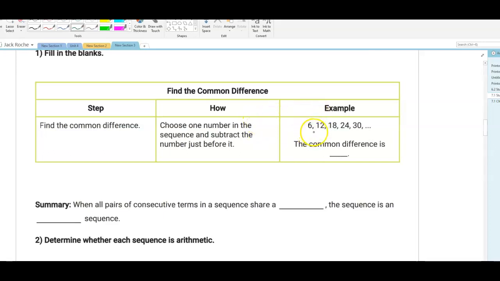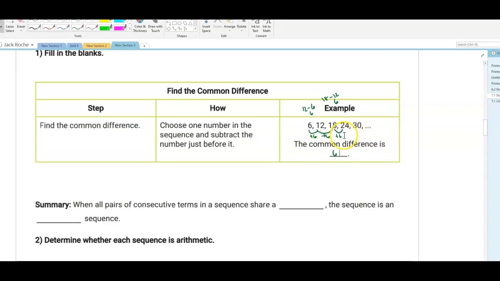So when I look at this, what they're saying is if I take the next term in the sequence, 12, and I subtract the previous, I get 6. If I take 18 and subtract the previous 12, what do I get? 6. I recognize it by going up 6 each time. So I would say the common difference is 6.